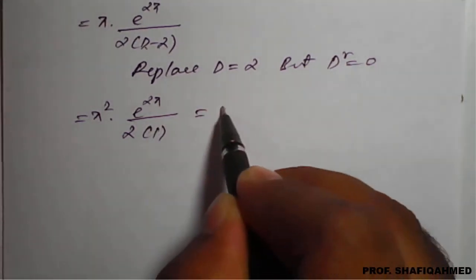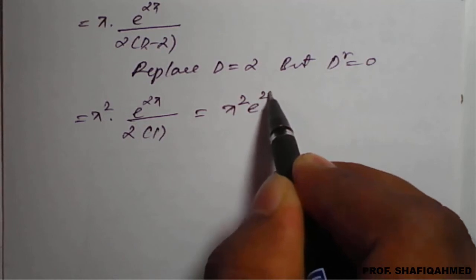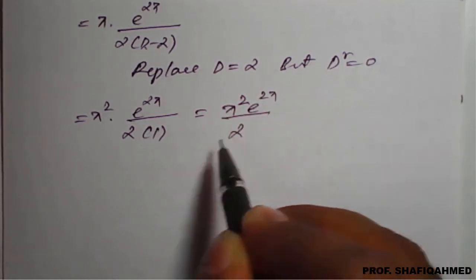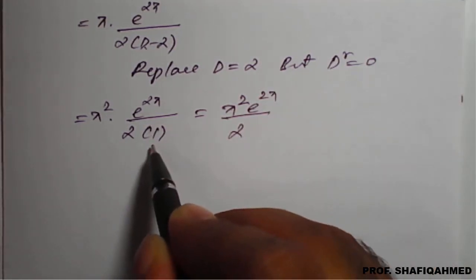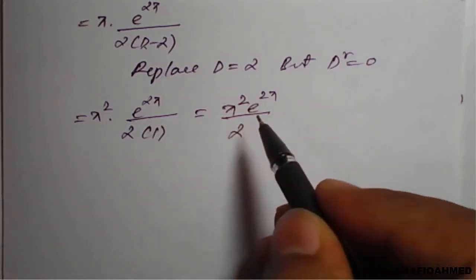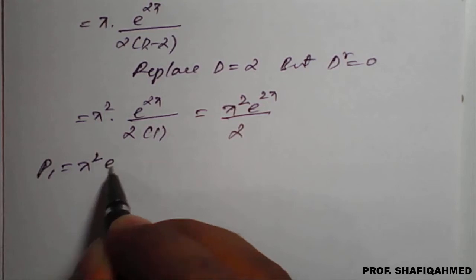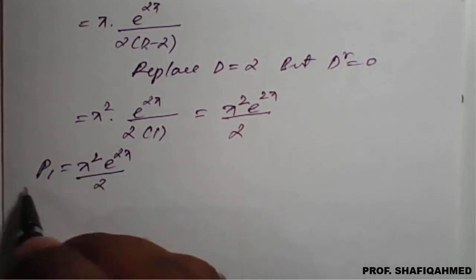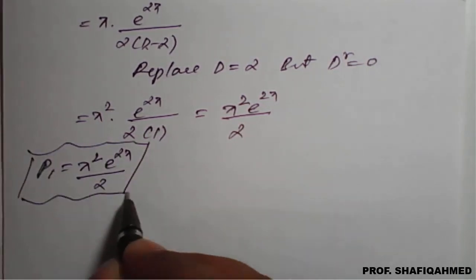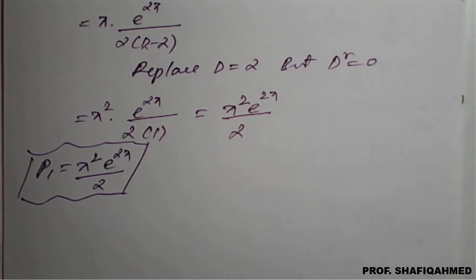Therefore it is x square e raised to 2x divided by 2, because the denominator is free from D. So this is the value of P1. P1 is x square e raised to 2x divided by 2. Now we'll go for P2.